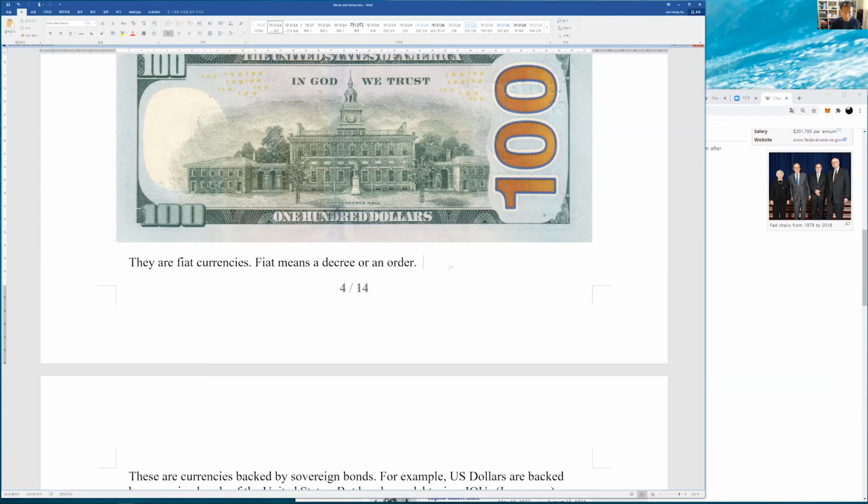It has the largest military force in the world. It has the largest economy in the world. So that is the reason for trust.